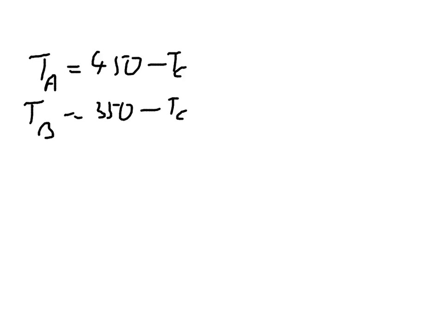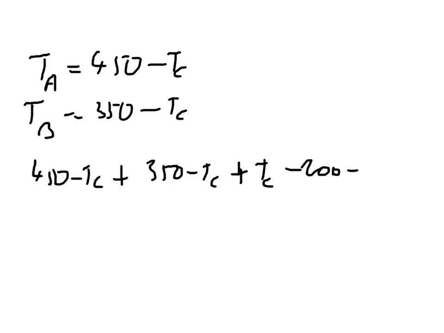So we're going to get 450 minus TC instead of TA, plus 350 minus TC instead of TB, plus TC, the original TC, minus 200 minus 500 equals 0.